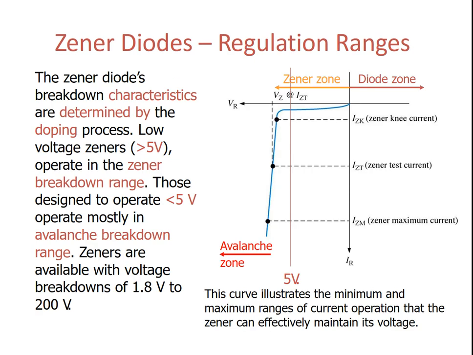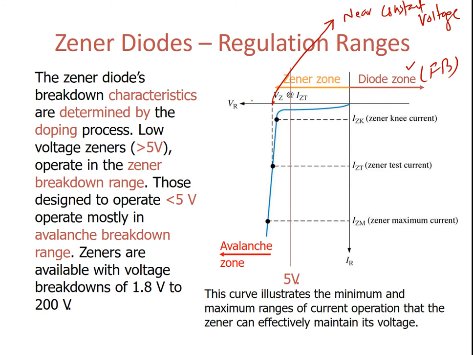There are some important parameters here which we have to briefly see. After this level, we get an almost constant voltage across the terminals. This is called the diode zone, normal zone, or forward bias zone.